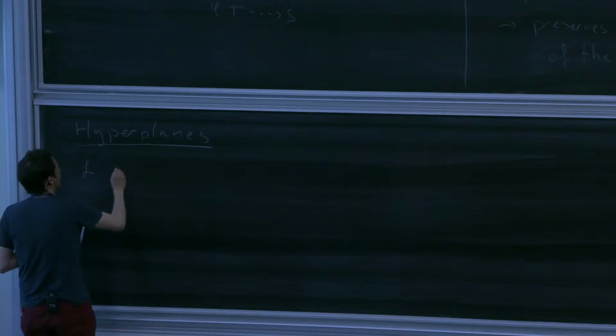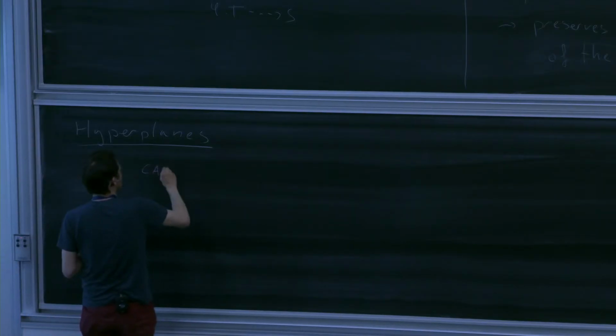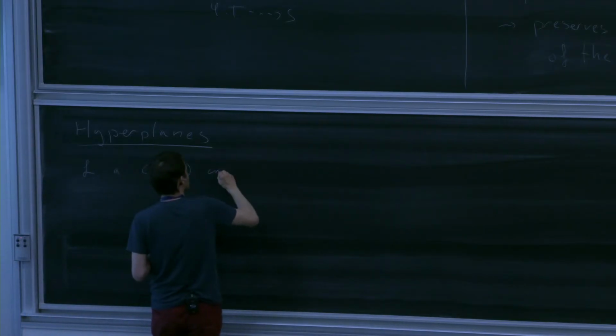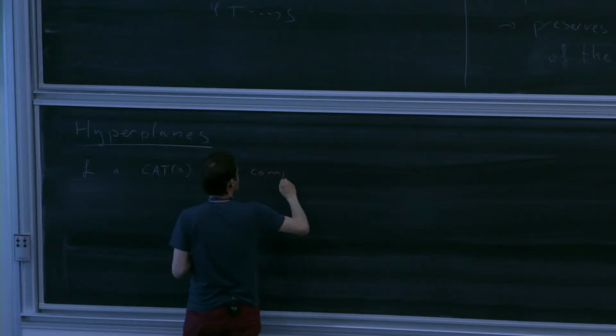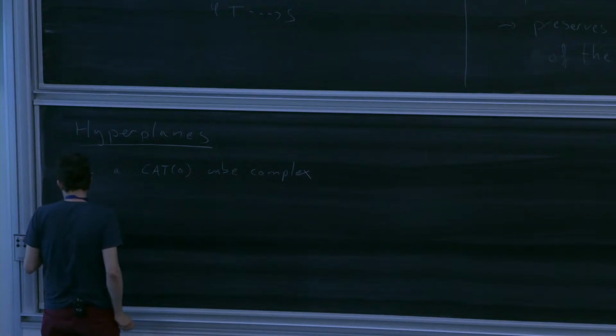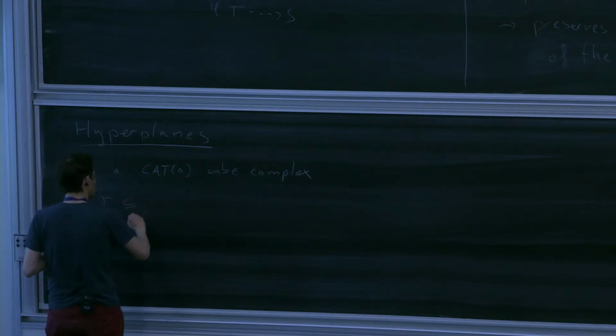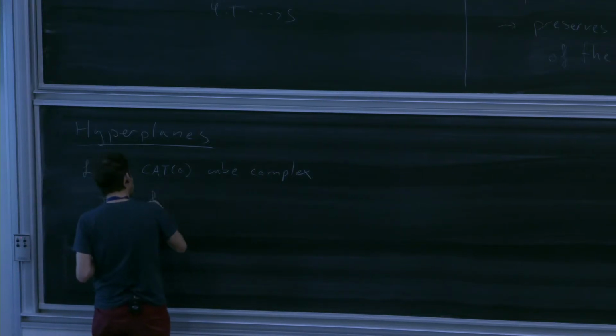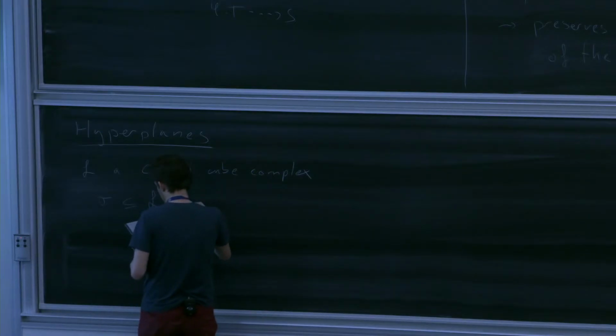If L is a CAT(0) cube complex, and we have, let's call it sigma, a cube, an n-dimensional cube.